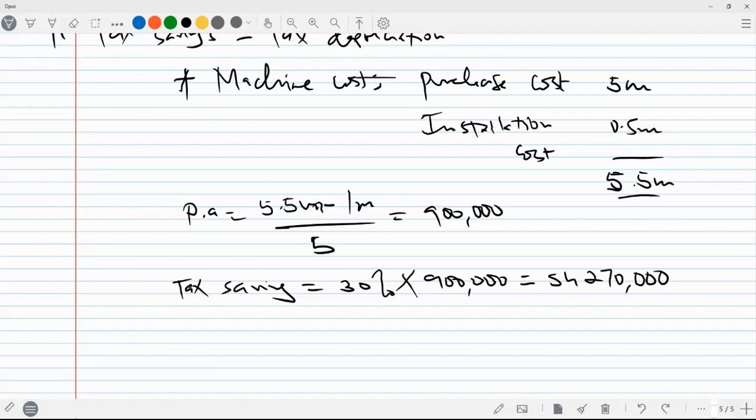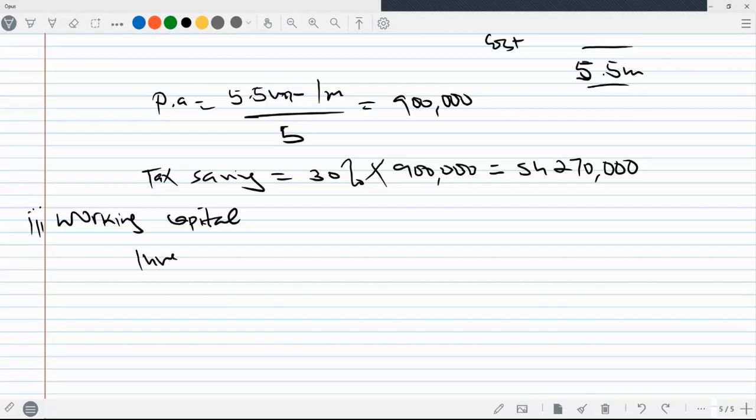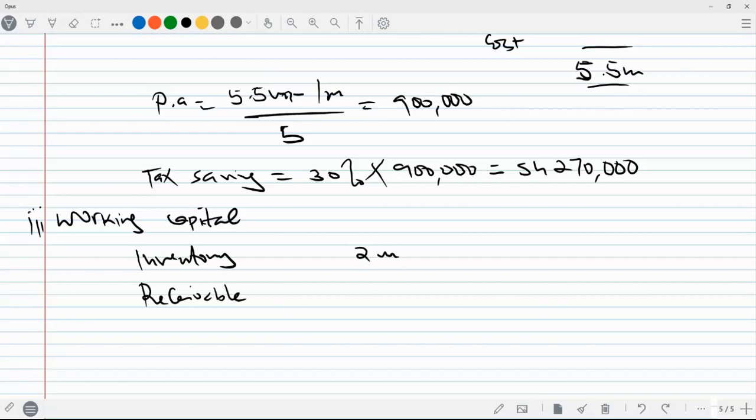Acquisition of this machine is expected to cause a change in working capital. So next we can have working capital, working 3. The inventory balances are expected to increase by 2 million. Accounts receivable will increase by 2.5 million.